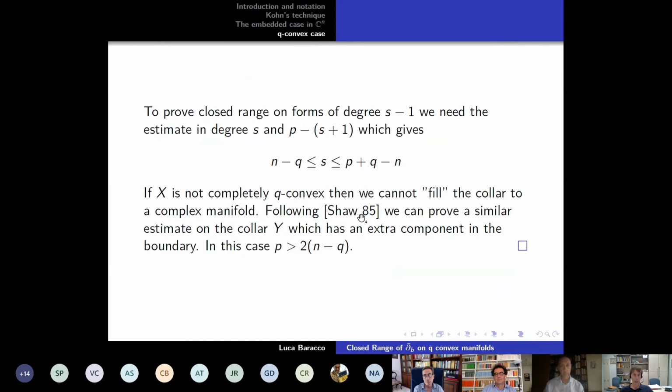So in the process, we unfortunately lose a degree, and we have the conclusion only for p larger than 2n minus q. So I stop here.